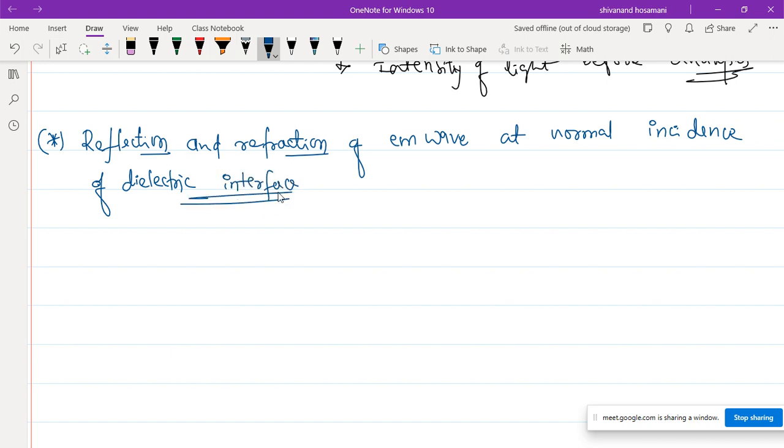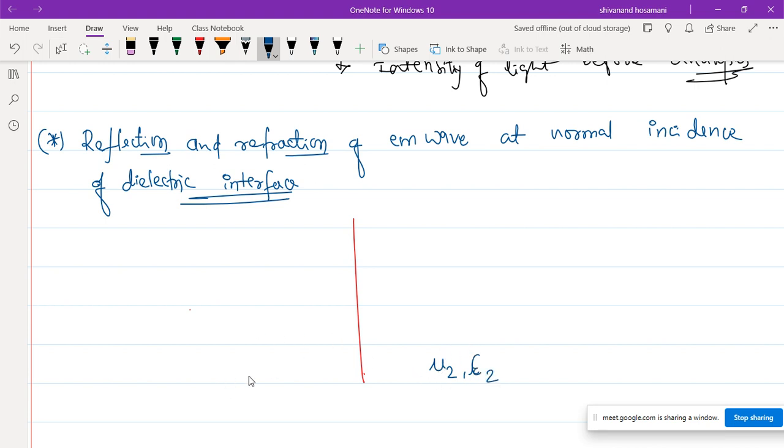So what do you mean by this dielectric interface? Let us consider the dielectric interface as the boundary between two media. I'll take a vertical plane. Let us take there are two media, and this is the interface. One has permeability mu2 and permittivity epsilon 2.